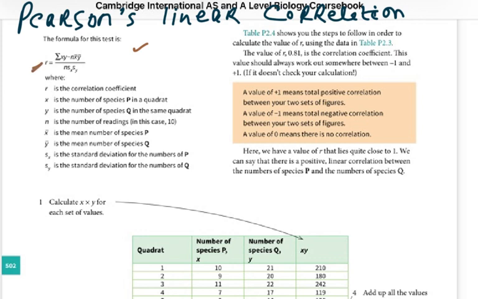Then sigma xy, x is the number of species P in a quadrat, y is the number of species Q in the quadrat, n is the number of readings, in this case we use 10 quadrats, and x bar is the mean number of species P, and y bar is the mean number of species Q. Sigma x is the standard deviation of P, and sigma y is the standard deviation of Q. So you just have to know these, and you don't have to remember the formula, but you must know how to put in the formula and how we're going to use this formula to actually calculate this whole mathematical question.